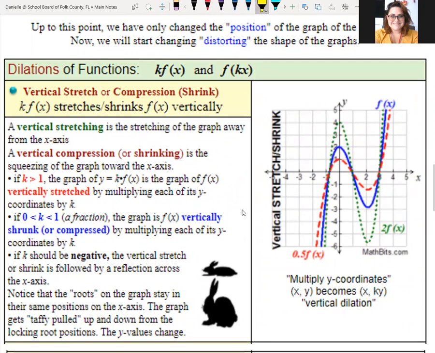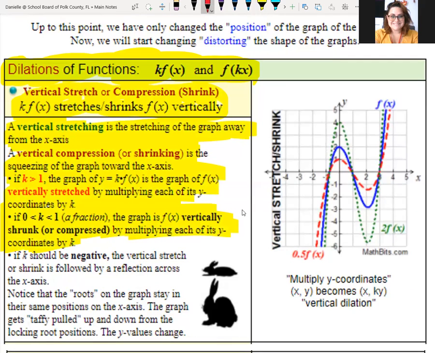We also need to talk about dilations, which happen vertically and horizontally. So first we're going to talk about vertical. And there's a lot of information here. I highly suggest you write down these first several lines, which means you may or may not want to pause to make sure you get it all copied in your notebook.